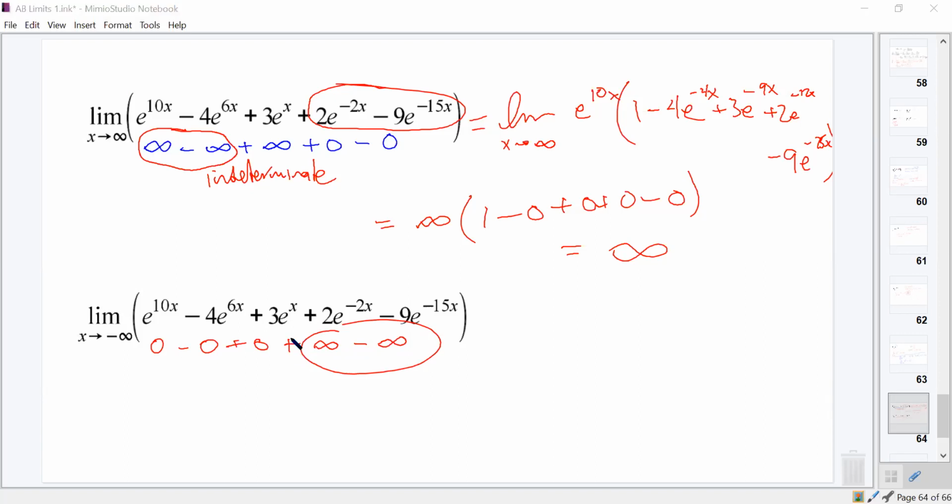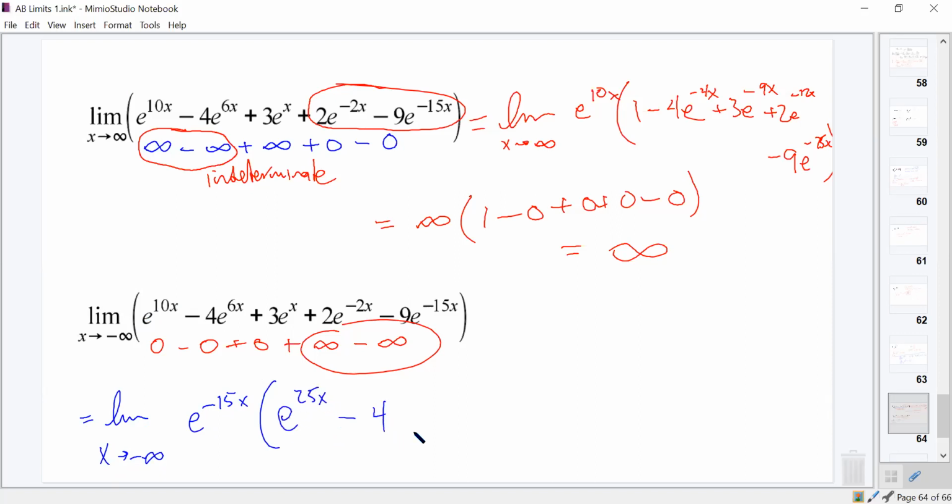So what will we do? Factor out the 9e to the negative 15x. Yeah, we'll take out this, and we don't have to take out the full negative 9, because taking out the negative 9 complicates all these other constants. So we can just take out the e to the negative 15x. And if I take out e to the negative 15x from e to the 10x, that ought to become e to the 25x.